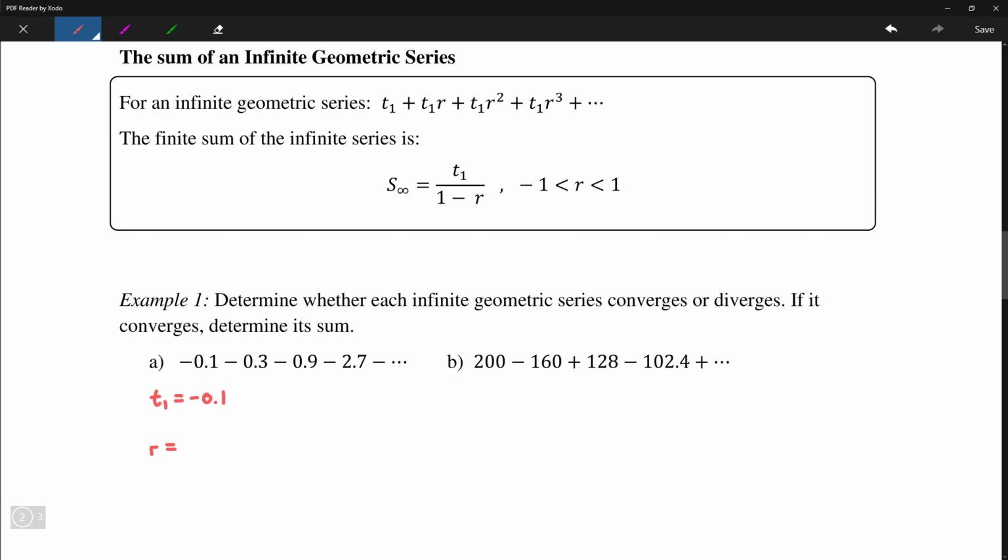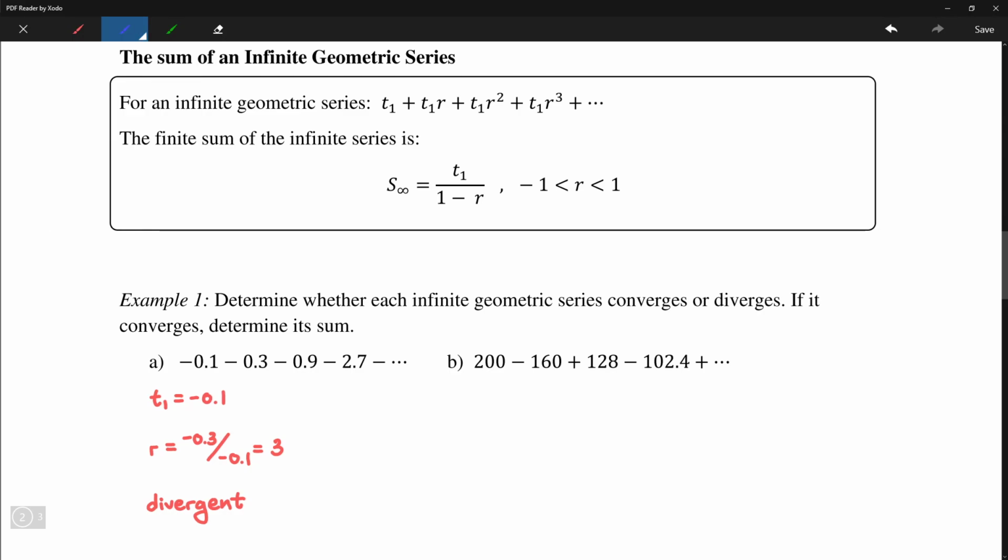So the second term was negative 0.3, and if we divide that by negative 0.1, we will get 3, which means example 1a, the series is divergent, and as such, it will have no finite sum. And that's all we can do. Now, even if you were to use the formula, it will produce a value, but that value doesn't mean anything.